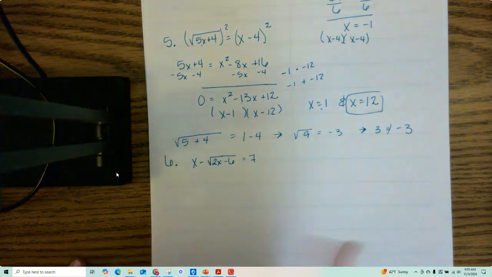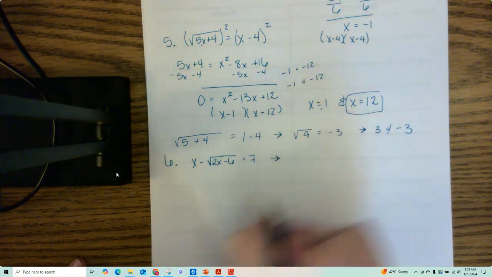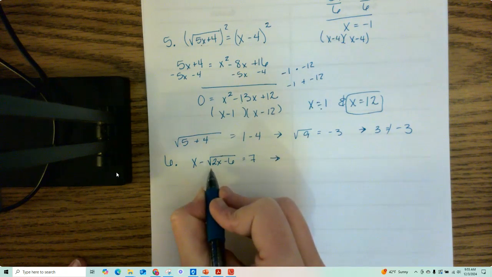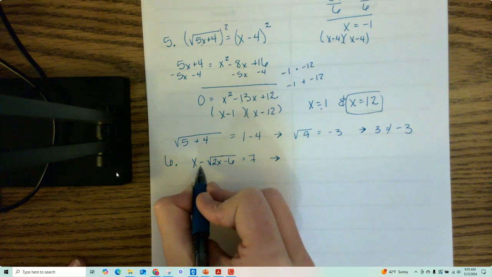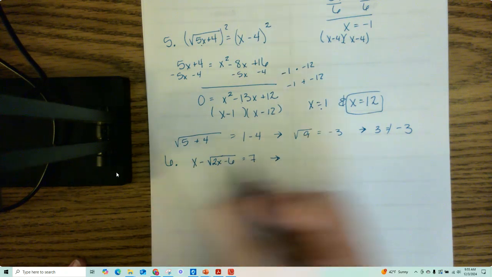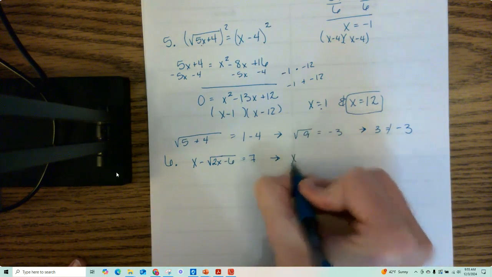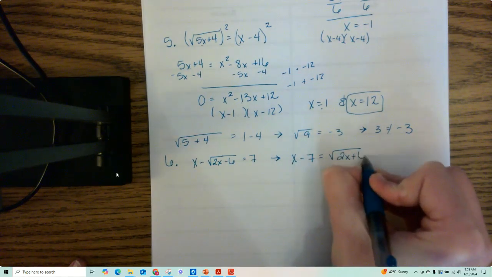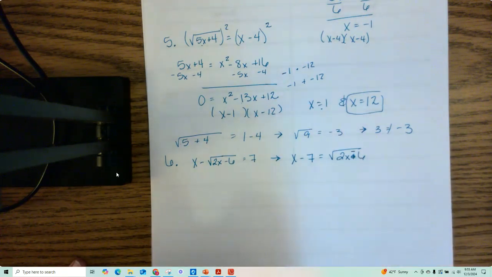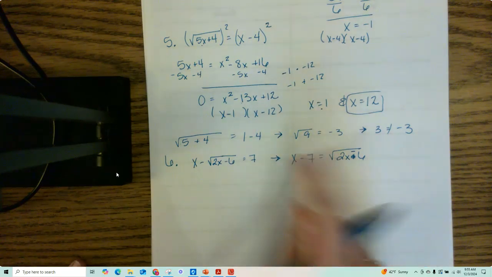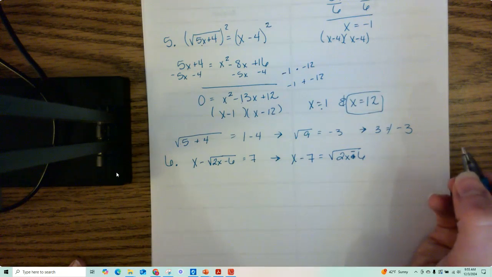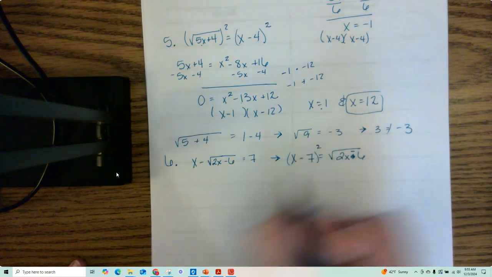I want to get everything away from the radical, so I'm going to move the radical because I want it to be positive. So x minus 7 equals the square root of 2x minus 6. Then I can square both sides.